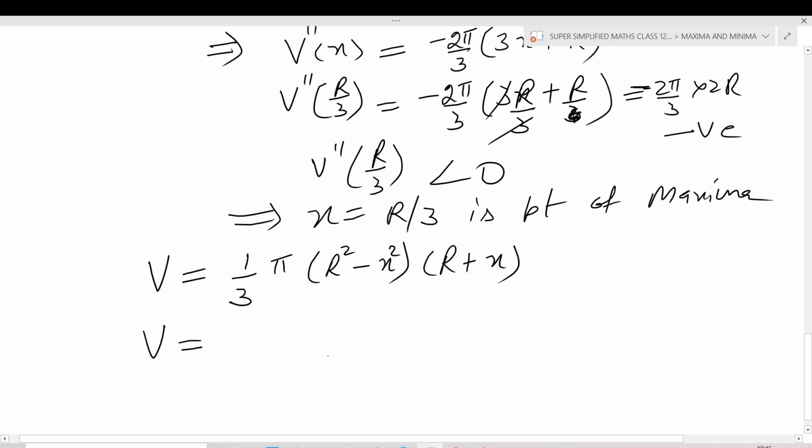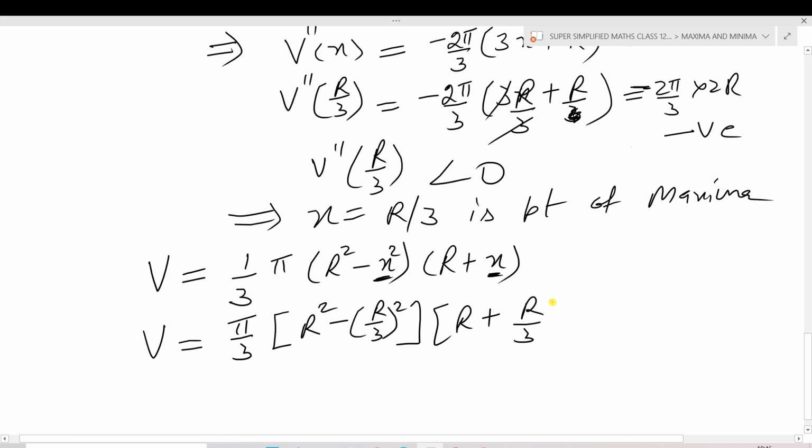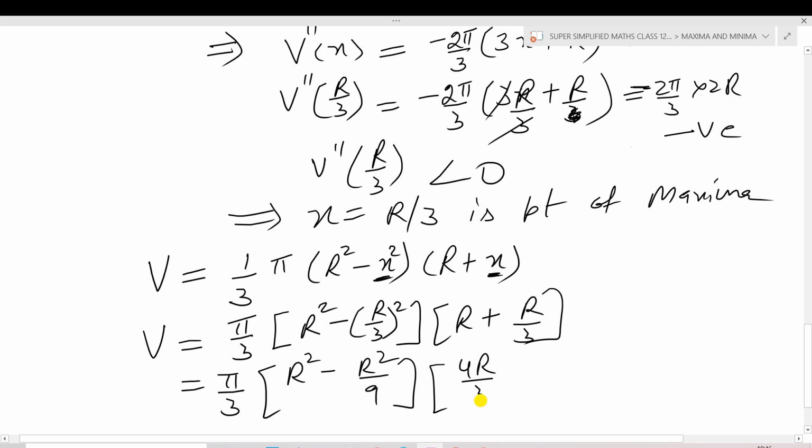Pi by 3, in place of x, this x and this x, I will write capital R by 3. So x square becomes r by 3 square and x is r by 3, which is equal to pi by 3 r square minus r square by 9 into 4r by 3. So now this comes out to be pi by 3 into 8r square by 9 into 4r by 3.